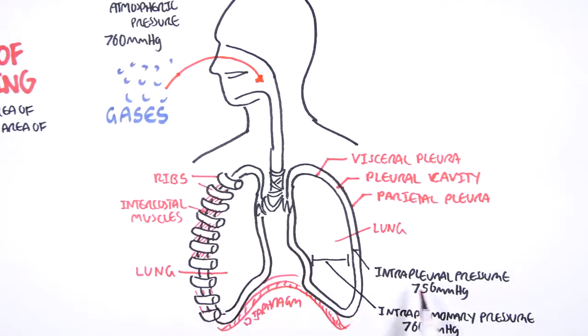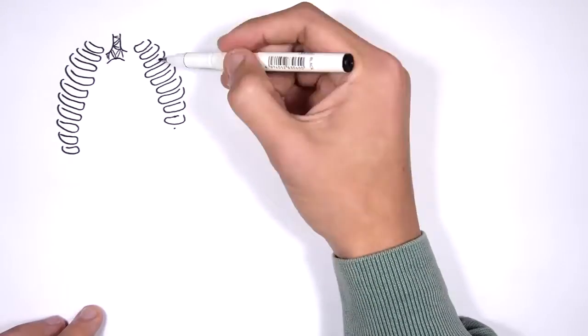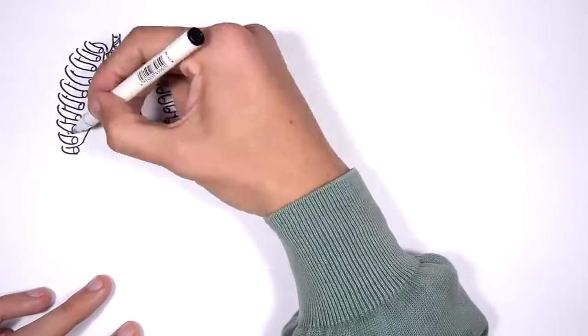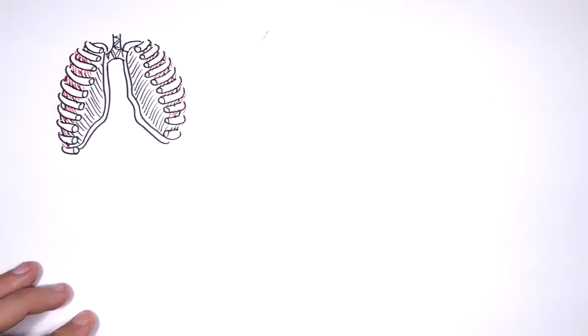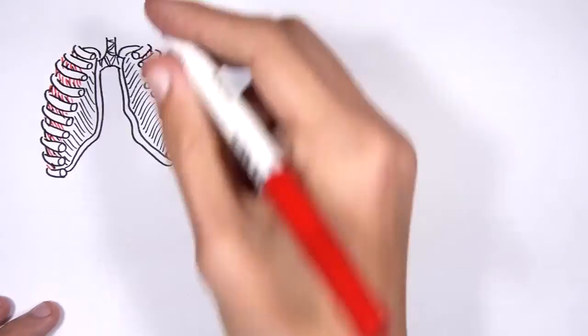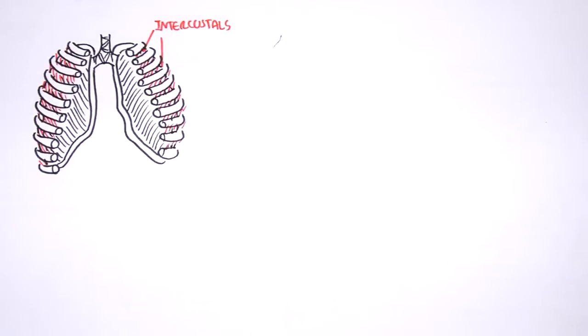So how does the intrapulmonary pressure in our lungs drop? Let's have a look. So again, just quickly, here are the ribs surrounding the lungs. And here are the intercostal muscles that run between the ribs. Then you have the diaphragm here.